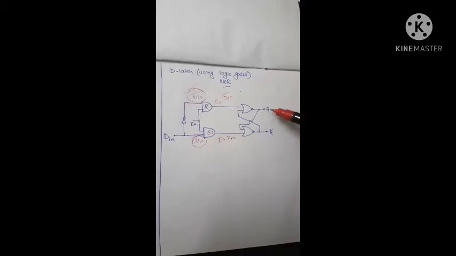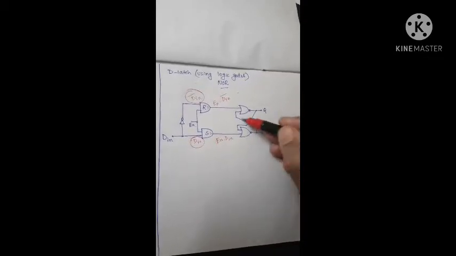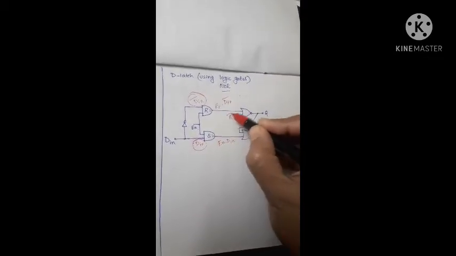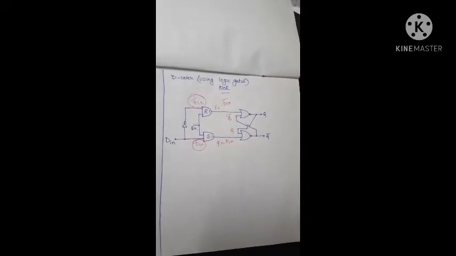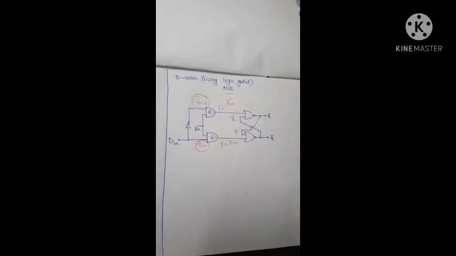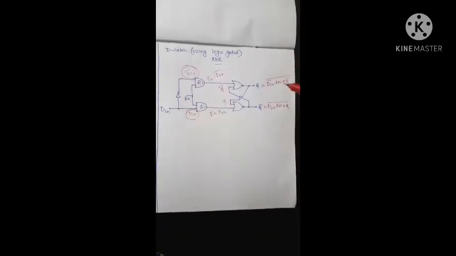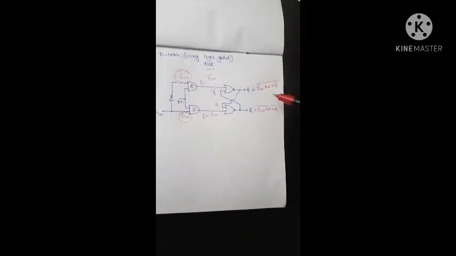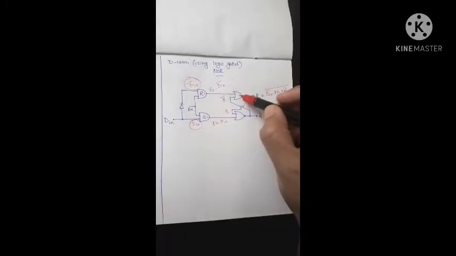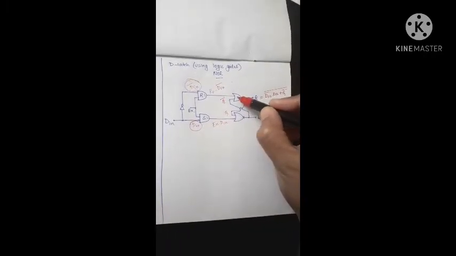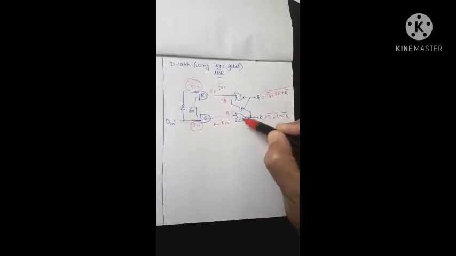Now what will be the output here? You can see the feedback connection, that is Q bar will be here and Q will be here. The output of this NOR gate, you can name these NOR gates 1 prime and 2 prime.